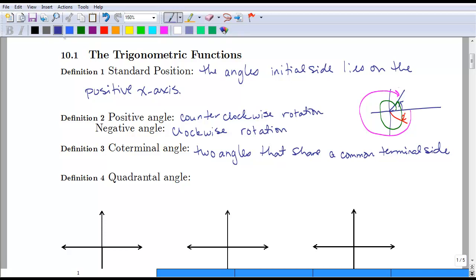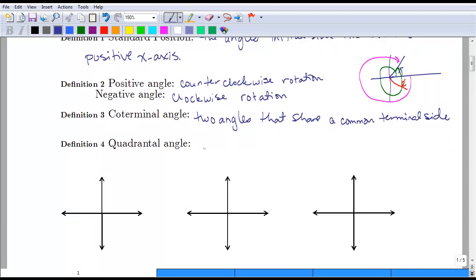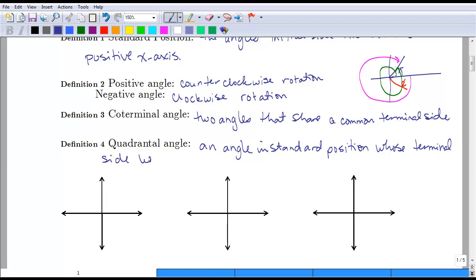The other thing to talk about real quickly is what it means to have a quadrantal angle. And a quadrantal angle is one in which an angle in standard position whose terminal side lies on one of the axes.